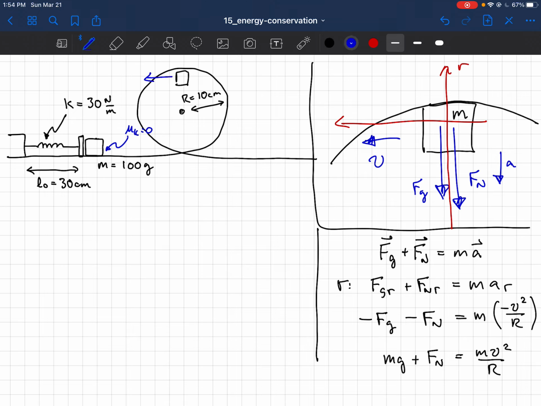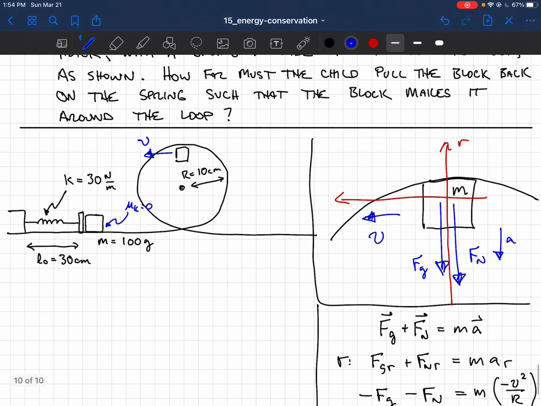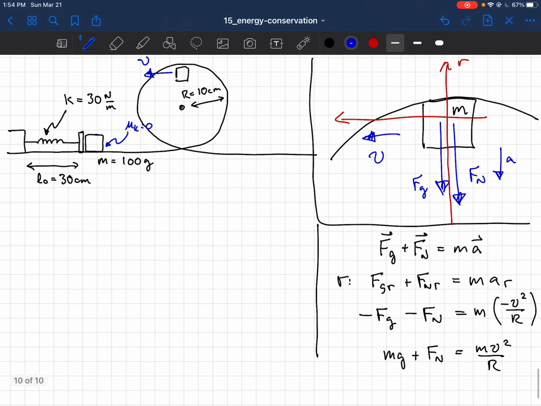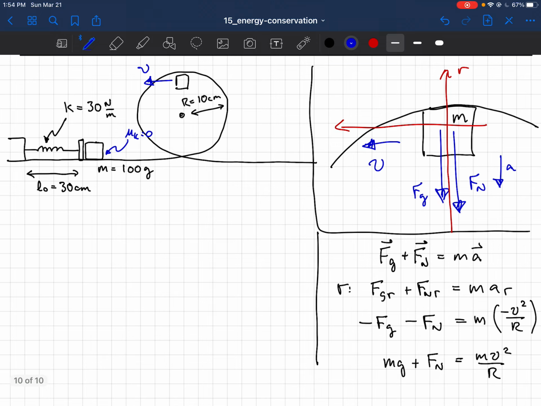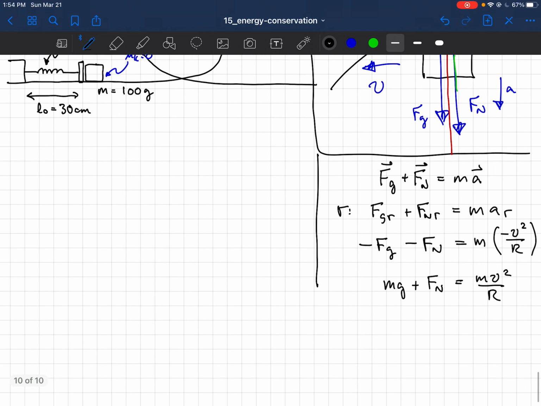So we're talking about right here in the problem. It's moving through here. So what does it mean that it makes it around the loop? Well, it's going to make it around the loop if the block remains in contact with the ramp. And the contact here is what's giving the normal force, right? There's a surface of contact between the ramp and the block, and that's what gives the normal force perpendicular to that surface of contact. So the idea is that it'll make it around as long as the normal force exists.